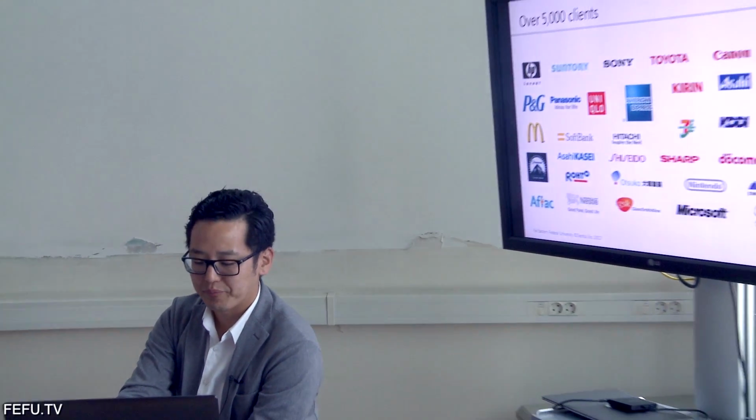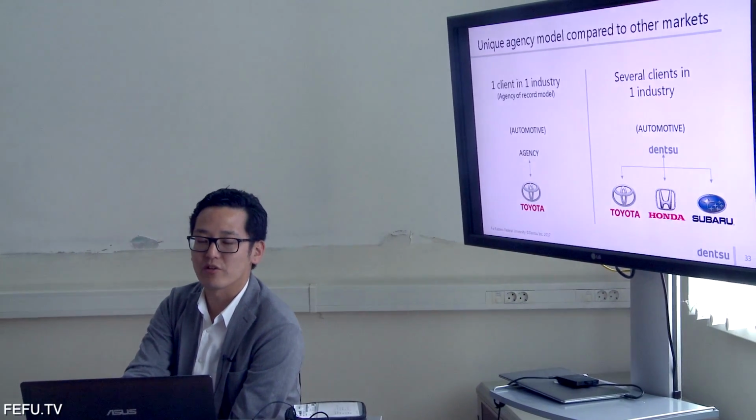But again, we have a strict firewall in our organization. That's why clients allow us to work with other clients in one category. That's why we have plenty of clients within one company. So this is the uniqueness of the Japanese market.